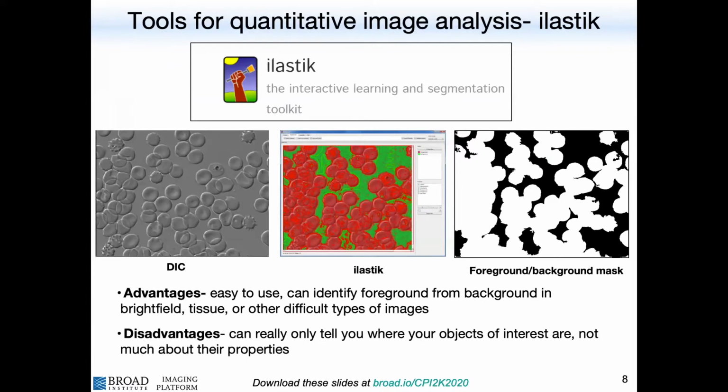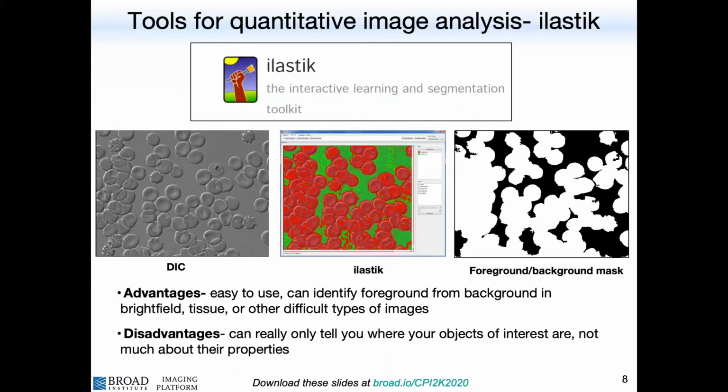Another great tool that we like is Elastic. It's very good for identifying images that don't have a nice bright fluorescent signal. By picking part of the image as foreground and the other part as background, we basically create a digital stain, and we create different classes.